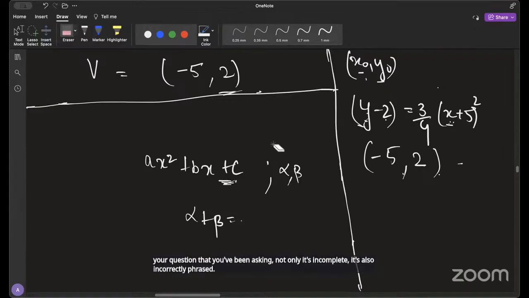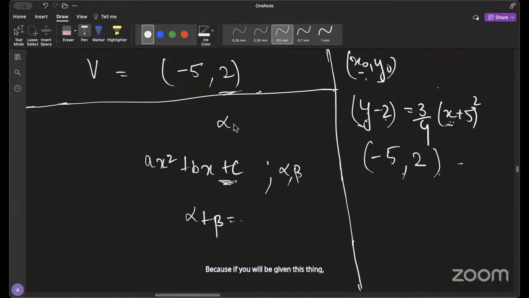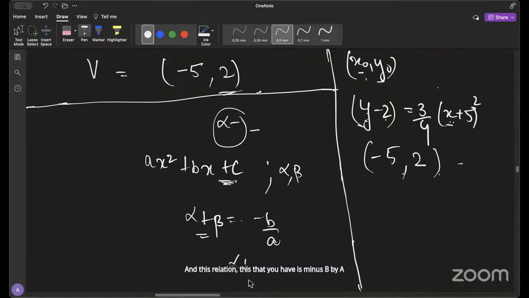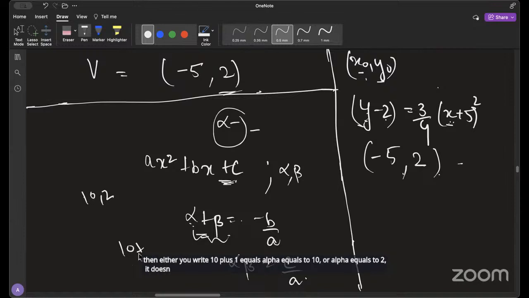If you are given alpha minus this is something, and you've only been given information about alpha, then this relation, alpha plus beta is minus b by a, and alpha beta is equal to c by a. Why does this work? Because this is symmetric, right? If you have two roots 10 and 2, then either you write 10 plus 2 or 2 plus 10, you choose alpha equals 10 or alpha equals 2, it doesn't matter. Eventually it's the same thing.